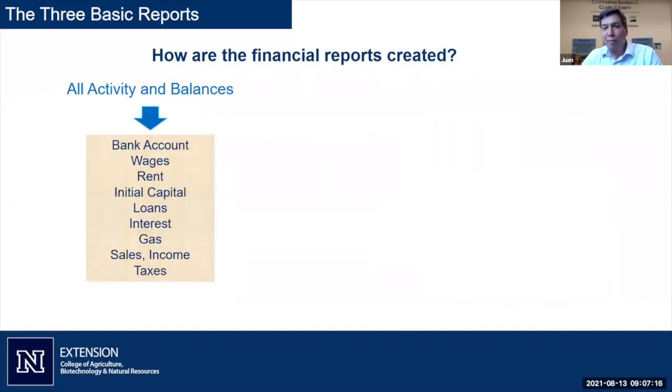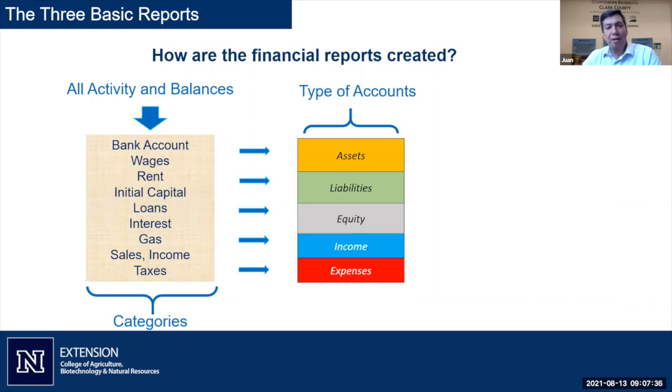So every transaction has to be allocated to a particular category. Categories are wages, rent, loans, interest, gas, sales tax, income taxes, revenue. There are many categories. Then the categories are assigned to accounts, and there are only 5 types of accounts. So all the money that comes in and out of the business, whatever it is, has its own place.